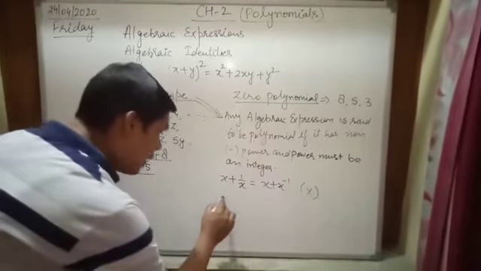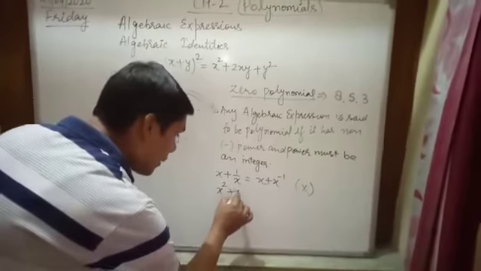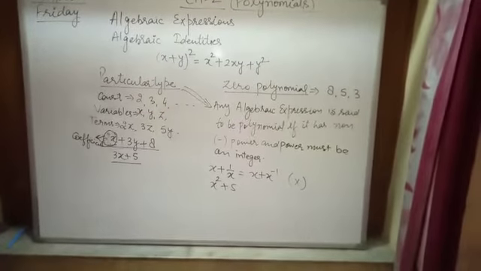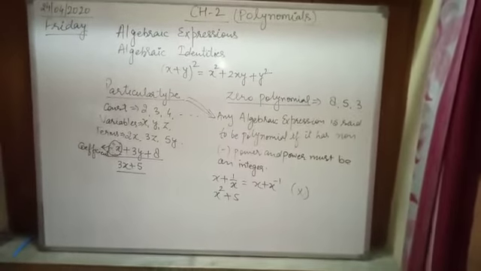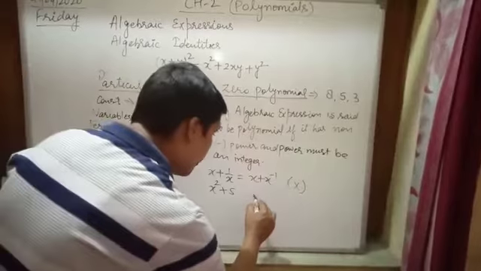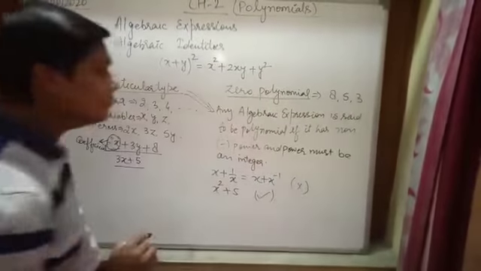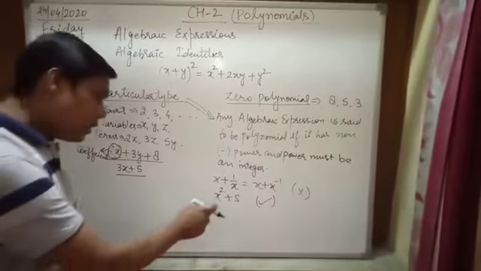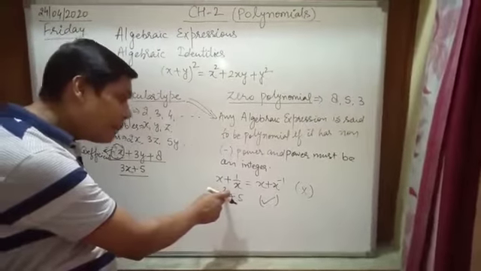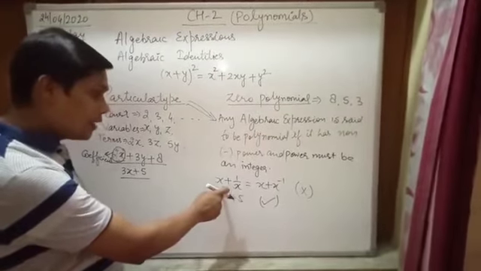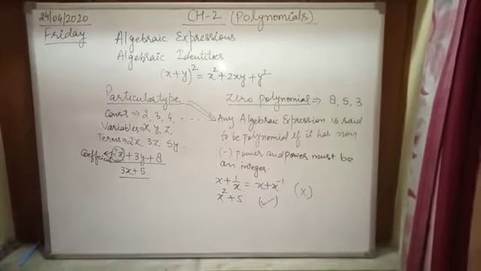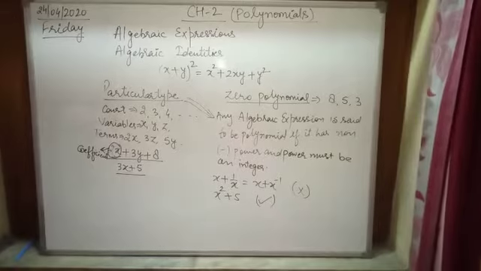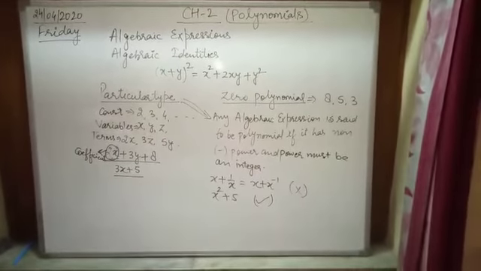Now, if I am writing here x square plus 5, is it a polynomial? Yes, it is a polynomial. Why? Because the power of variable x is 2, which is an integer and not negative, so it is a polynomial.